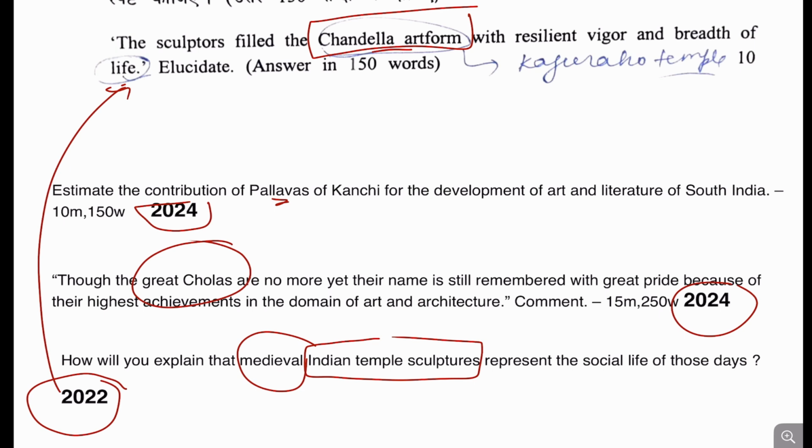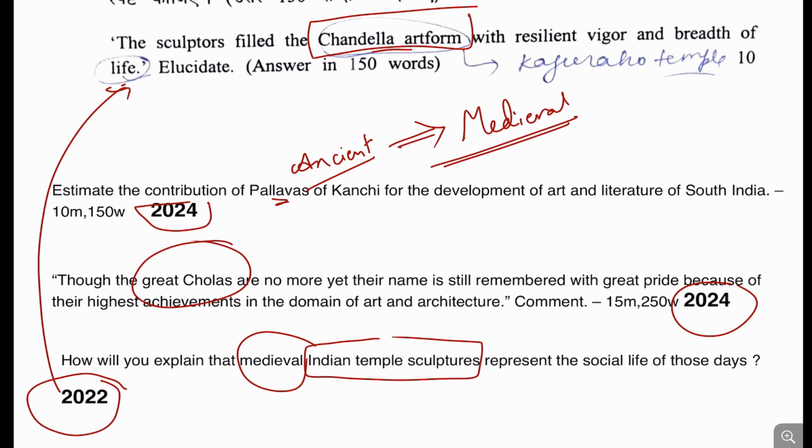If we analyze the previous trend, UPSC was focused on ancient art and architecture, but now UPSC is changing its trend to move from ancient to medieval also. So medieval art and architecture needs to be specifically focused upon, and not only those dynasties like Pallavas, Cholas and Guptas, which have usually been the core area of UPSC.